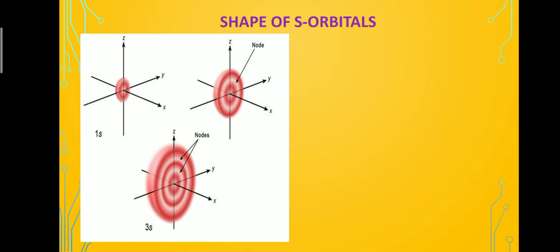Look at this shape. For the s orbital, if we solve the Schrodinger equation, it doesn't depend on any angle, that is theta or phi.